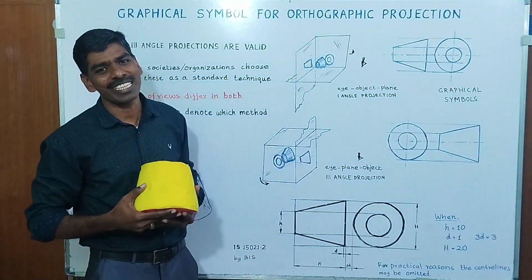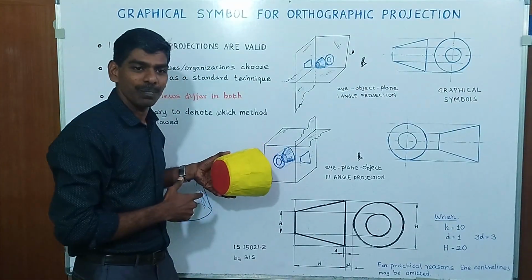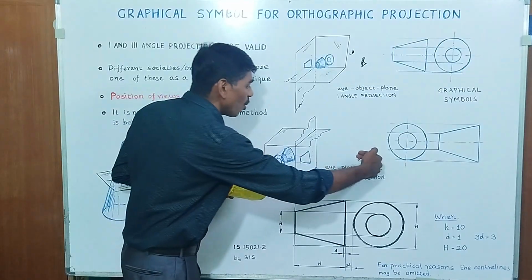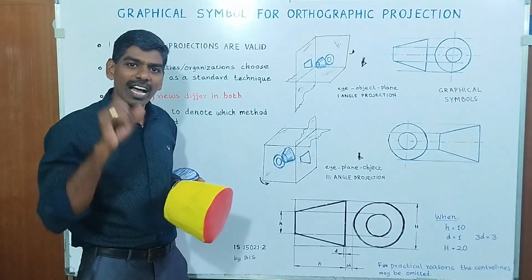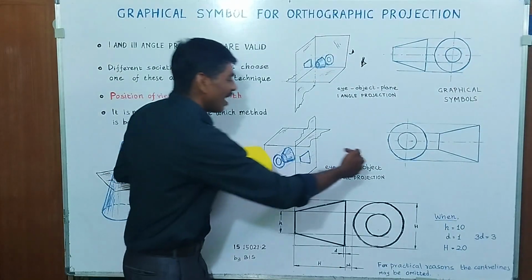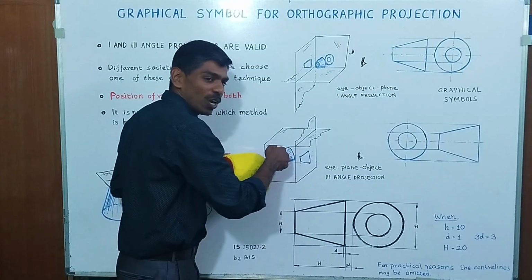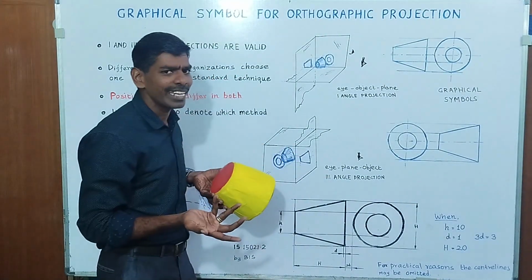In the same fashion, if we place this solid in the third quadrant, when we look at the object from this position, here we have a technique called eye, plane, then comes the solid. Here, eye, plane and solid. By this way, we get the front view, the same thing, right?